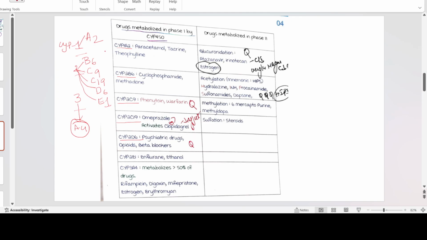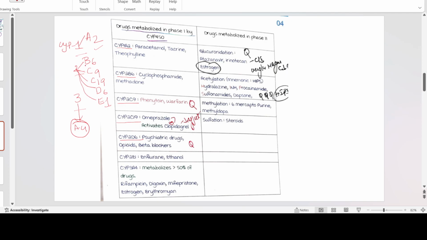If you observe carefully, you can remember this. Alphabetical A is one, so 1A2. It's very simple. After one, two comes. So CYP 1A2.